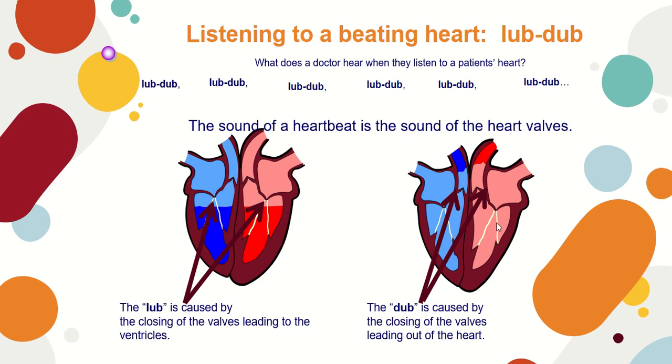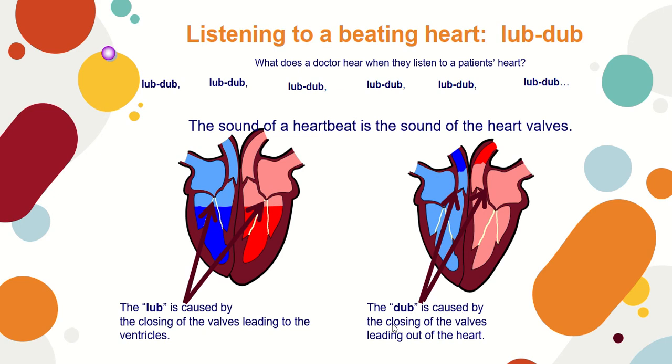Now, kapag naman napuno na yung ating ventricles, papunta na siya kay semilunar valve. Magbubukas yung ating valves. Kapag nagbukas yun, mag-create naman siya ng sound na tinatawag na dub.